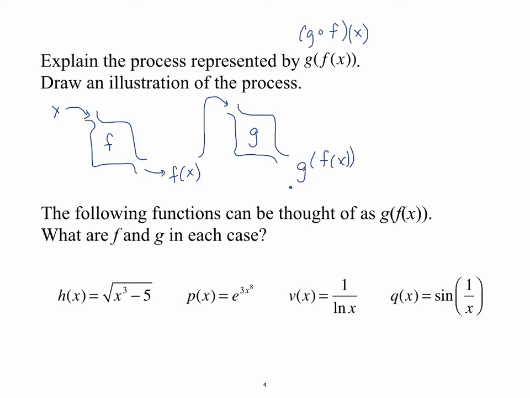Does that make sense what I'm asking you to do? Yeah, basically so you want to pull it apart to write down two different functions, one that's called g and one that's called f, such that when you compose g with f, you get h of x, or p of x, or v of x, or q of x.